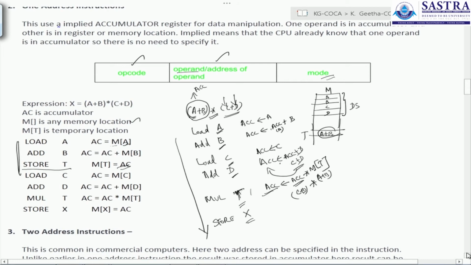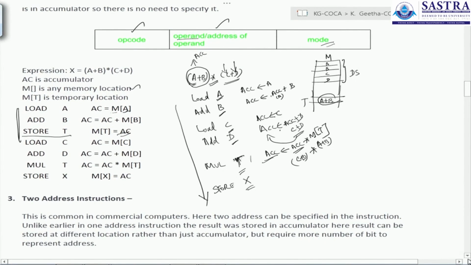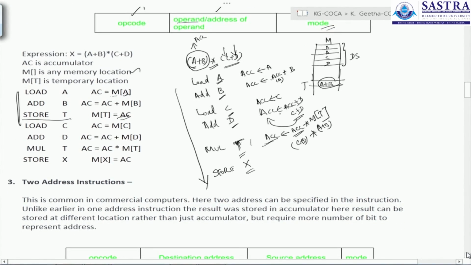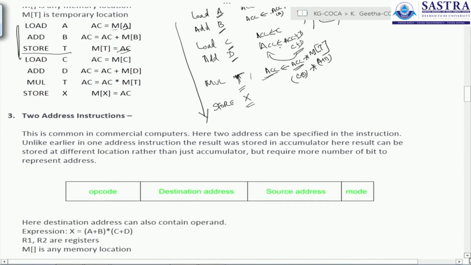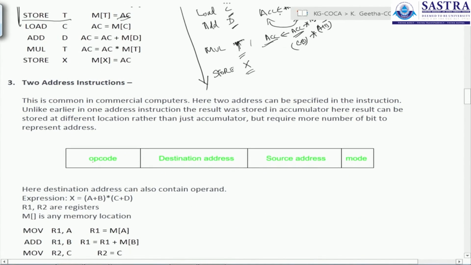So the next category is two address. In the two address format, each instruction will carry two addresses. Most of the cases, the two addresses will be the direct memory addresses of the operand. We will again see with the same expression how it is going to be interpreted. Now we have the opcode here, the destination address, the source address and the mode.